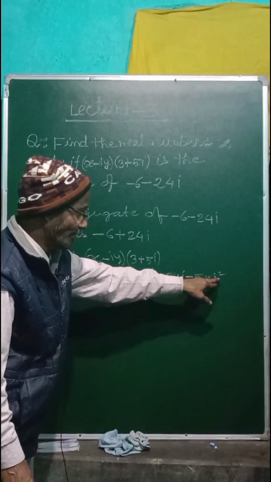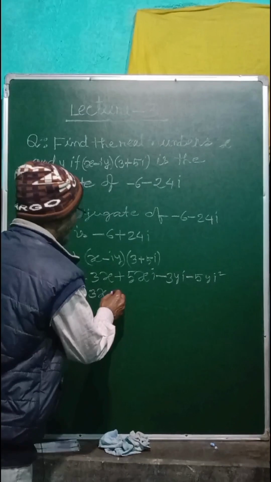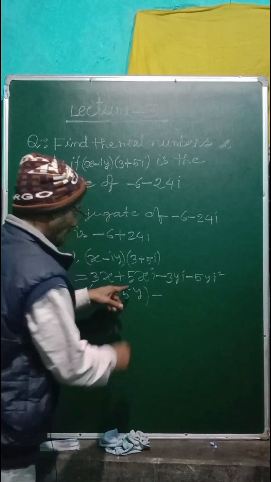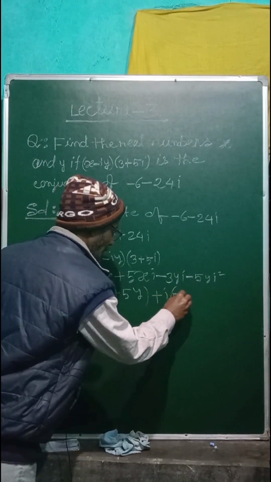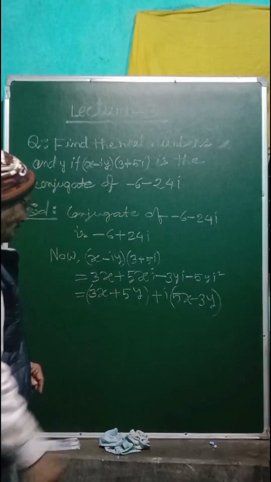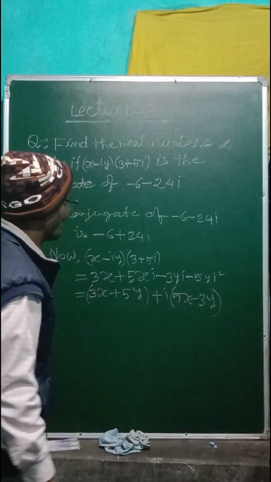Iota square is equal to minus 1, so minus minus plus, I can write plus 5y. And then plus iota common into (5x minus 3y).